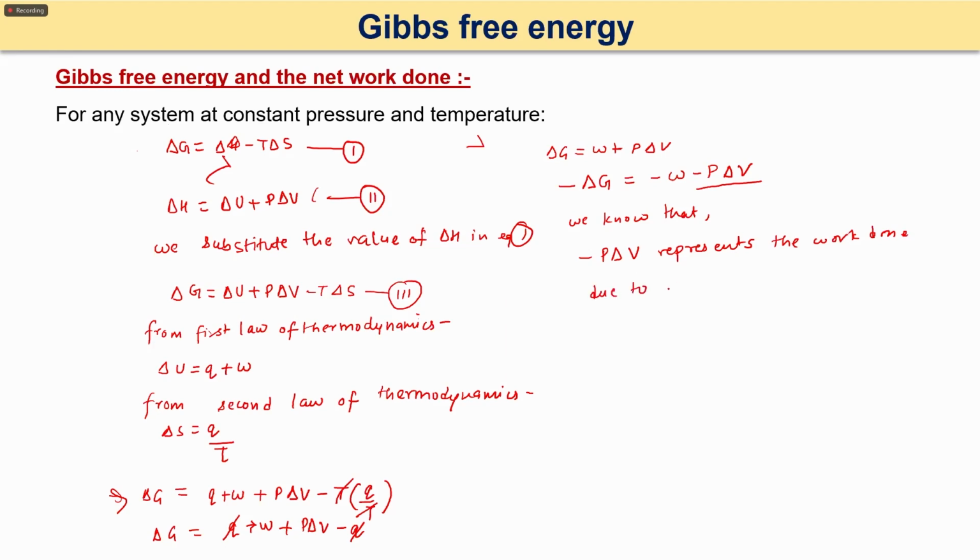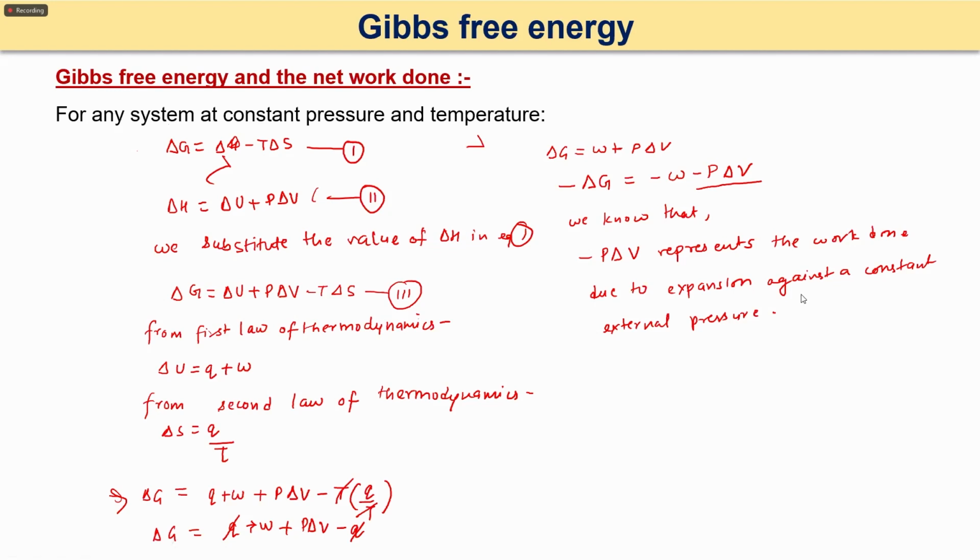From here, it is clear that the decrease in Gibbs free energy, that is minus delta G, accompanying a process taking place at a constant temperature and pressure, is equal to the maximum work obtainable from the system. Okay?